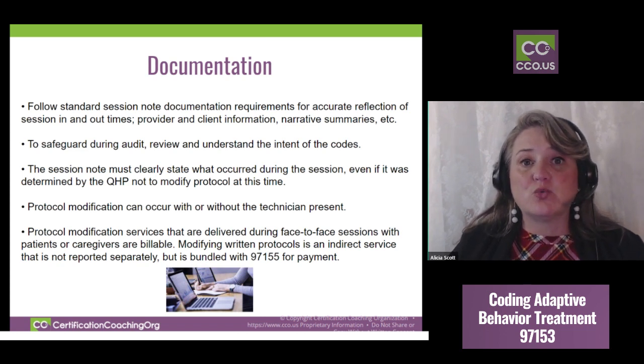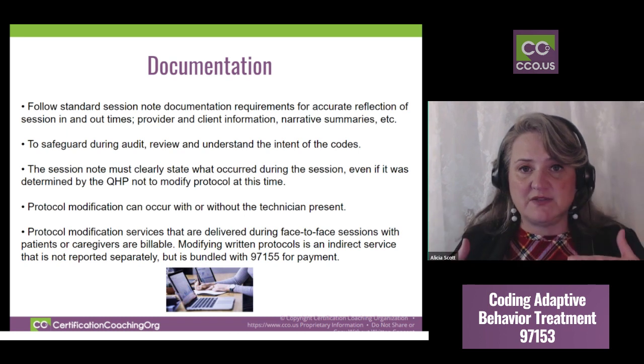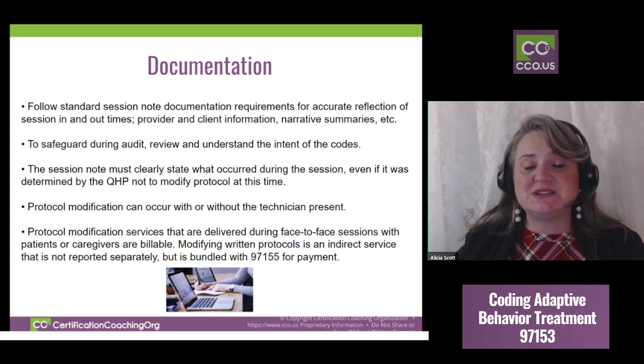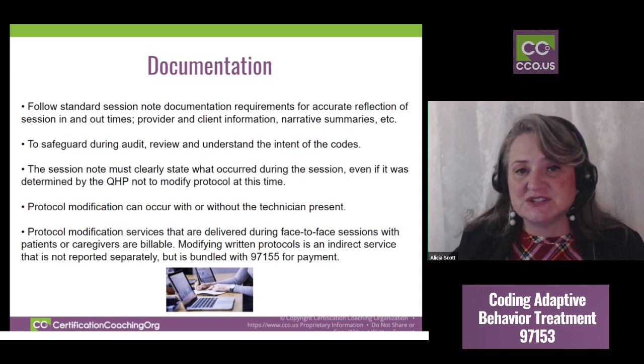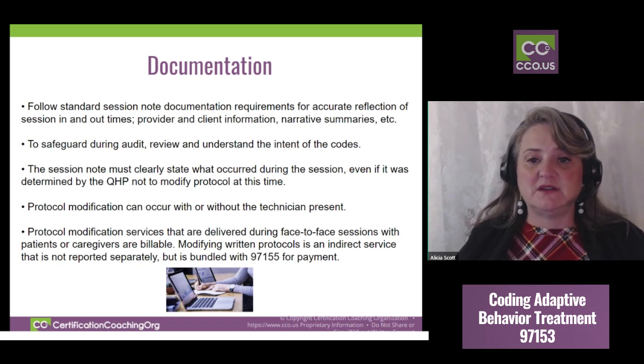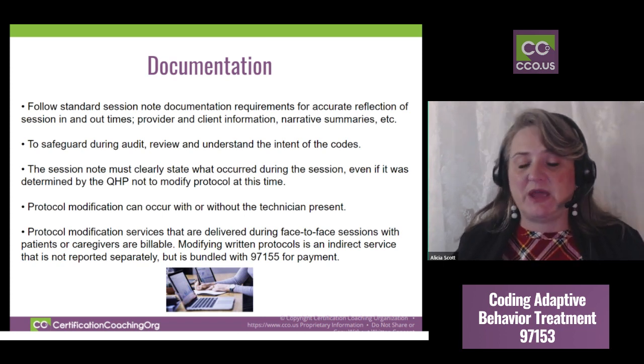So if you're modifying written protocols, we've written down these are our goals and how we're going to achieve them. That is an indirect service that is not reported separately. So you don't get to charge for setting up that protocol and that time of writing it. It's all bundled in with the 97155 for payment.